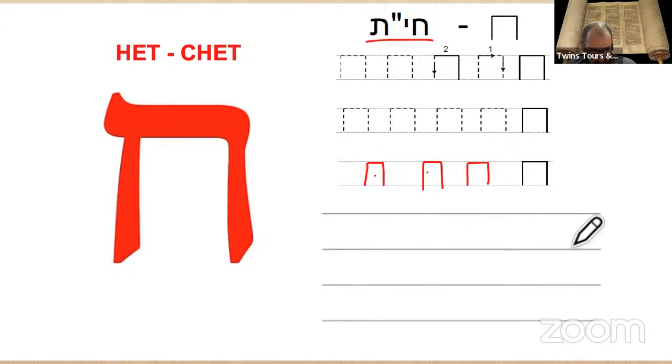The biblical way, you should say Het. This is the Old Testament way. Het, Ha. You close your throat from the bottom all the way to the top of your throat. You say Het.